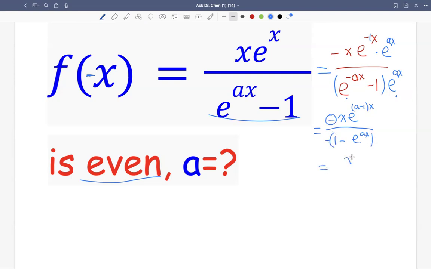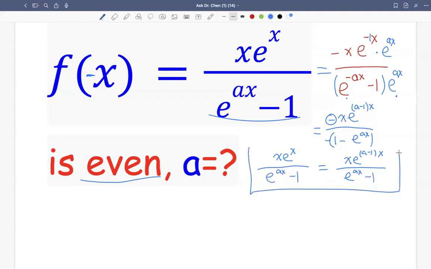In that case, we get x times e raised by a minus 1x divided by, now the negative e term becomes positive, e raised by x minus 1. Now we have the same denominator on both sides. So basically, all can be rewritten. The left-hand side, we have x e raised by x divided by e raised by ax minus 1.